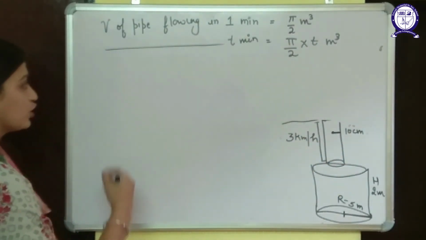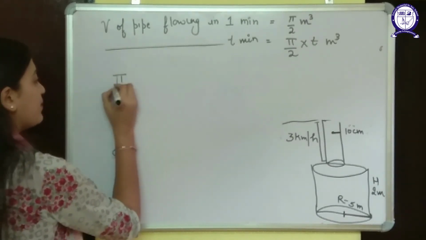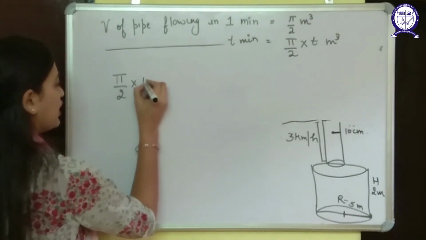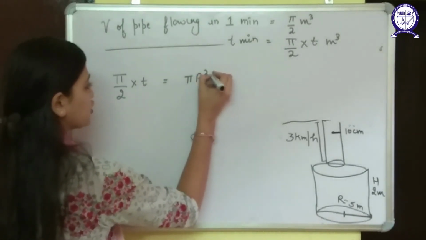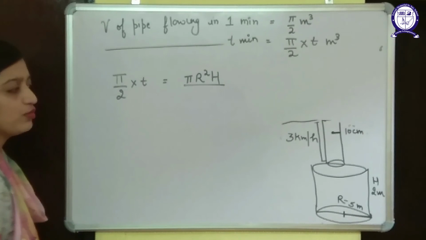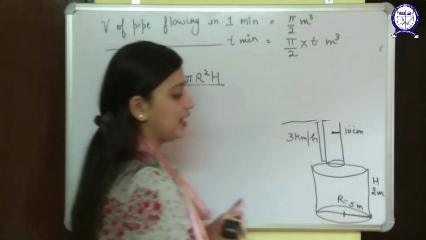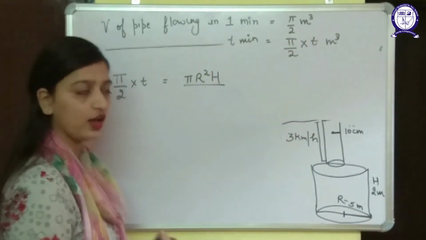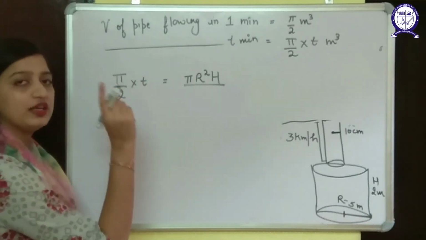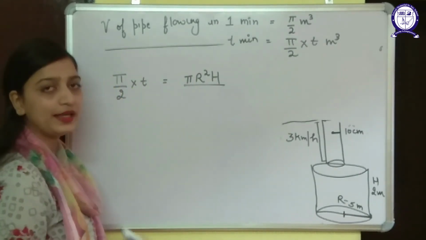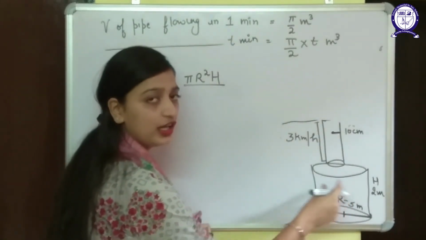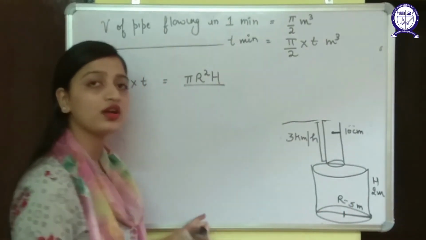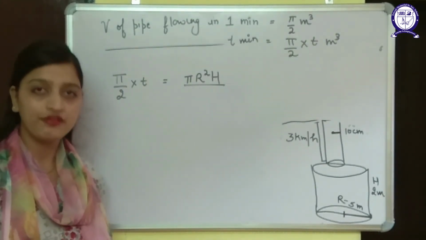Okay, so according to the question, pi by 2 into T will be equal to pi R square H, that is the volume of the larger cylinder, that is the volume of the tank. The volume of the water flowing through the pipe in T minutes will be equal to the volume of this container, because in T minutes the container is completely filled.